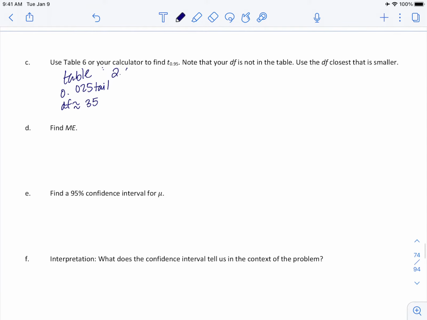And so this is 2.030. If you chose the calculator, you're doing 0.025 or 0.975. Again, you're just adding that 0.25 to it. And so then from here, we have our degrees of freedom is 36, and in the calculator we get 2.028.